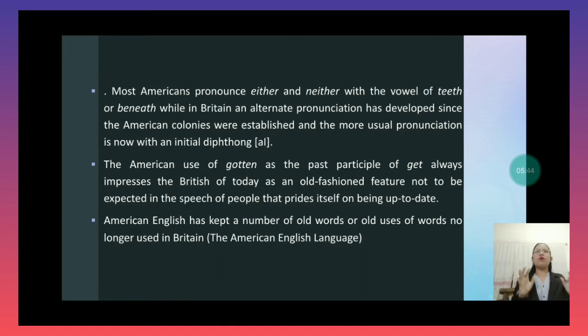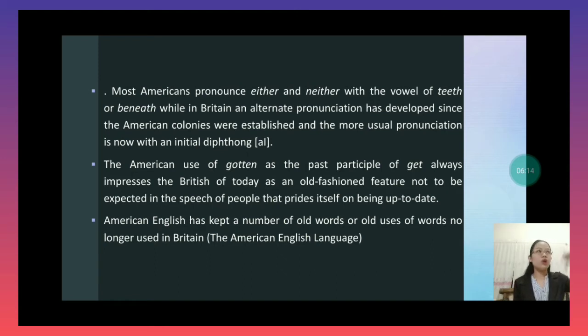Now, as we know, this British English type is also considered old-fashioned because today we don't usually use these words, for example, color. And the spelling of color, we don't usually use the u, C-O-L-O-U-R.